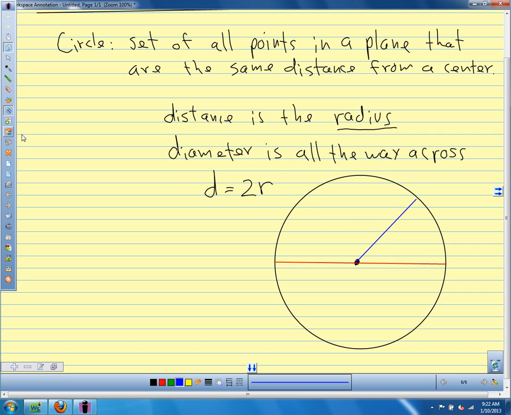There we go. So this point here, this is our center. This is the radius. And this is the diameter.